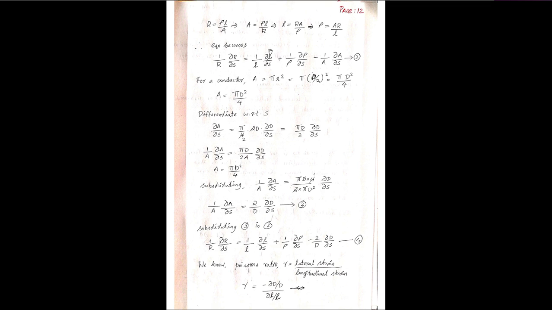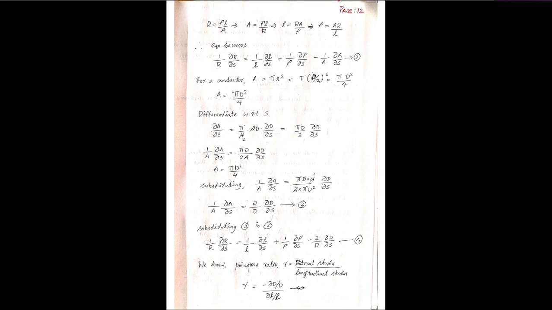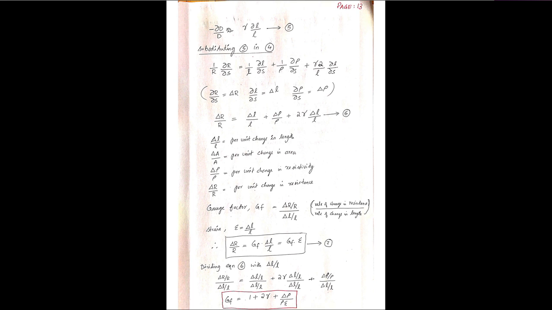Here we are getting dou l by l is there. Sorry, instead of dou d by d, we will be substituting this. So minus dou d by d, which we are getting as nu into dou l by l, which is equation number 5. So substituting that 5 in 4.